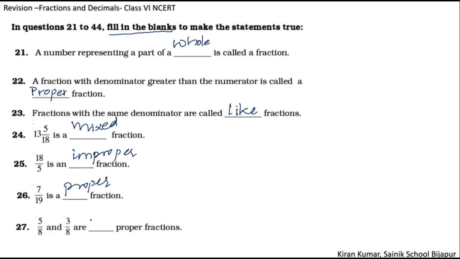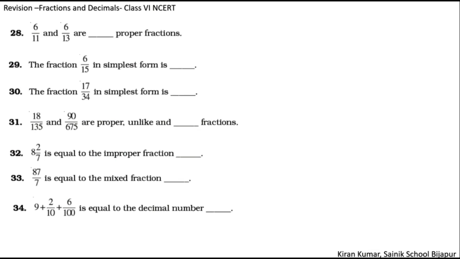They have the same denominator, so they are like fractions, like proper fractions. Next one, 6 upon 11 and 6 by 13 are dash. They have different denominators, so they are unlike.